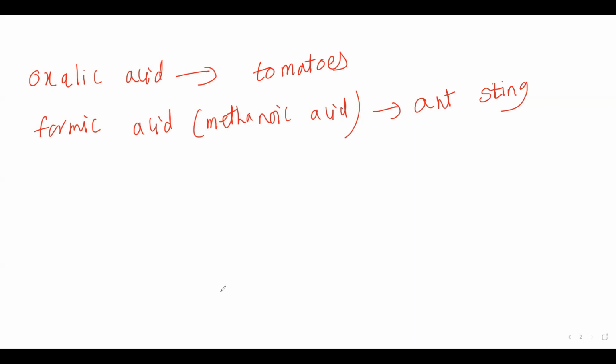This formic acid is also present in some plants. There is a plant called the nettle plant. In the nettle leaf sting, you can find this formic acid.